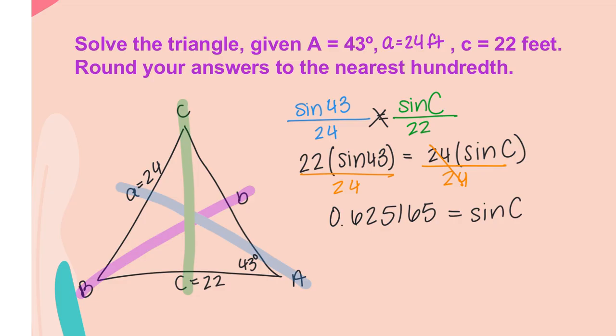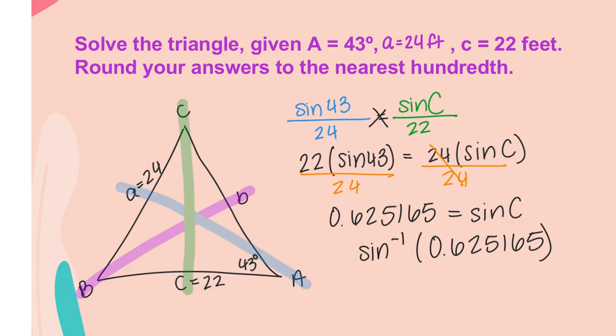And how do I solve an angle? Okay, what you have to do is you have to use the inverse. So in this case, you're going to have sine -1 times 0.625165. Okay, now I'm solving for the angle. So you have to use that second button on your calculator to where you get that sine -1.